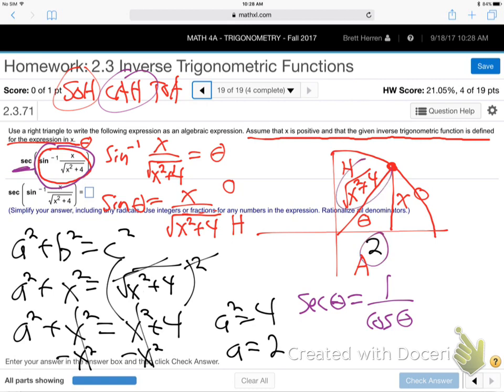But then I'm supposed to flip it. If I just flip it right now, it's going to be hypotenuse over adjacent. Done. It's upside down of cosine. We're done. That's the answer. Hypotenuse over adjacent. Can you plug it in? Sure. Square root of x squared plus 4. Questions I can answer on that one?